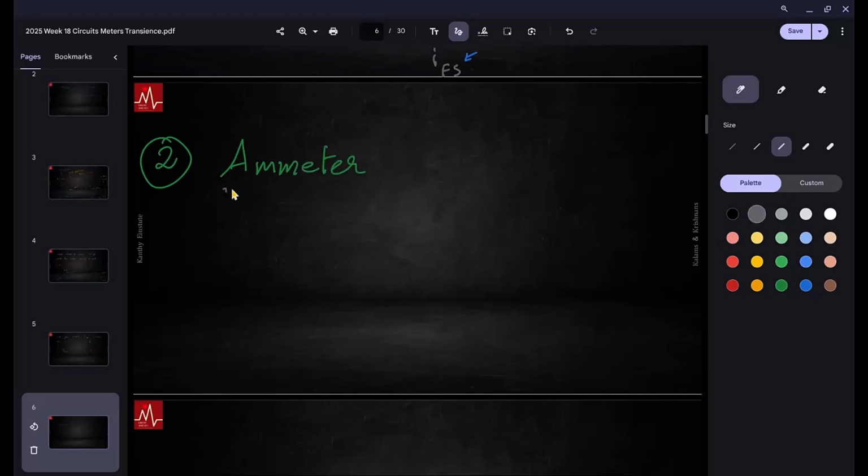Ammeter. So the circuit is this. Same meter. There is again a current that gives you full scale deflection.